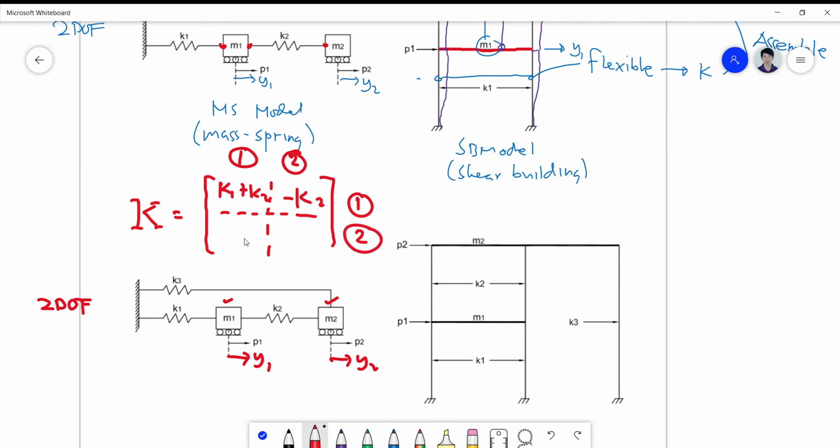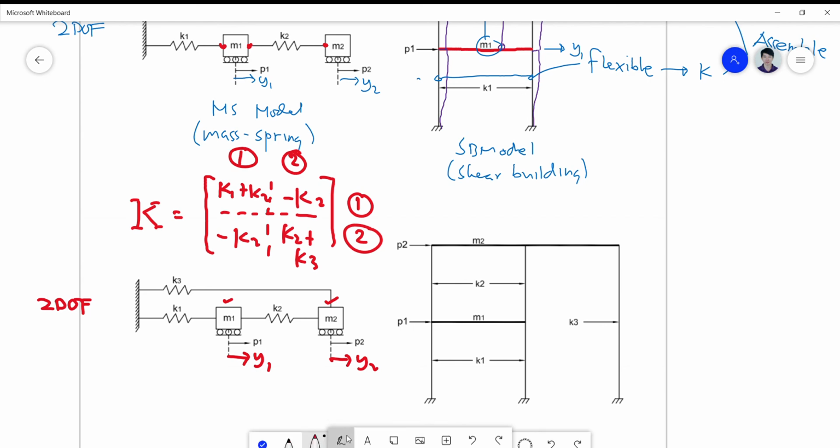Okay, and then 2, 1, it's a negative K2 also. And then a 2, 2 here will involve now a positive K2 plus an additional connection K3 there. So this is how to do it. Okay, so easy as looking into the connections without any free body diagram involved. Of course, if I ask you to do it using the free body diagram, you don't have a choice.